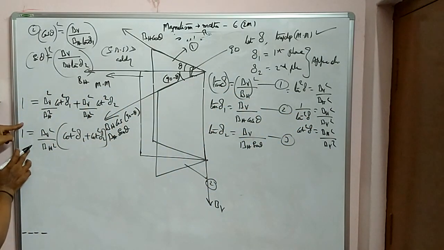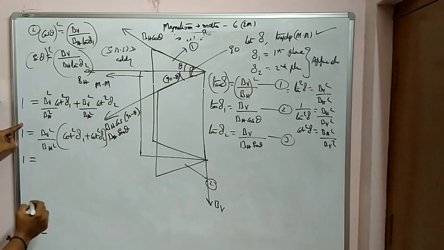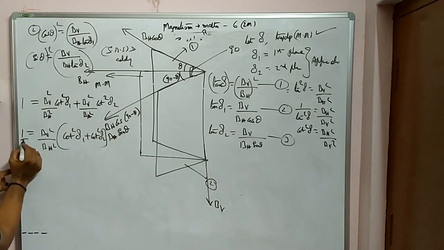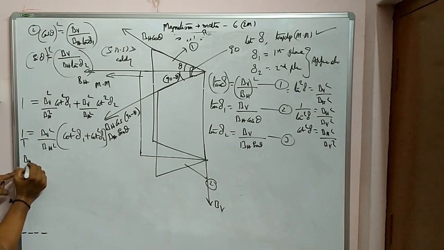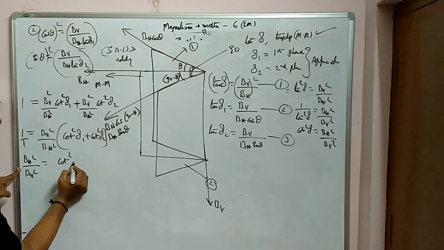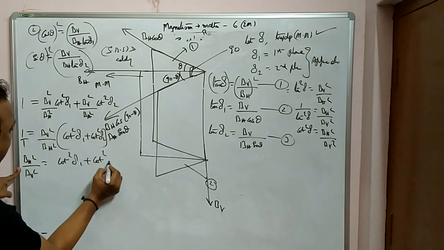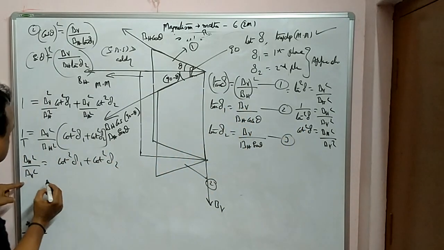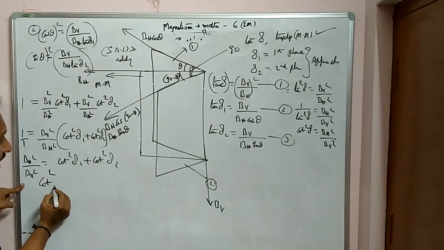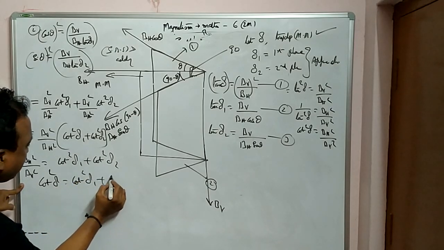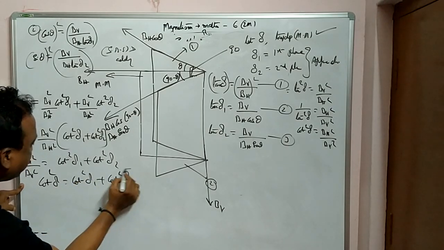So 1 is equal to BV square by BH square times the bracket. Cross multiply, and this comes here: BH square by BV square is equal to cot square del 1 plus cot square del 2. But what is BH square by BV square? It is cot square del. So cot square del is equal to cot square del 1 plus cot square del 2.